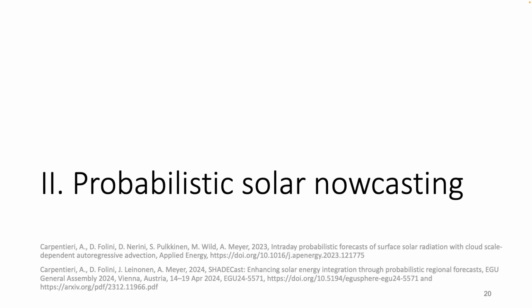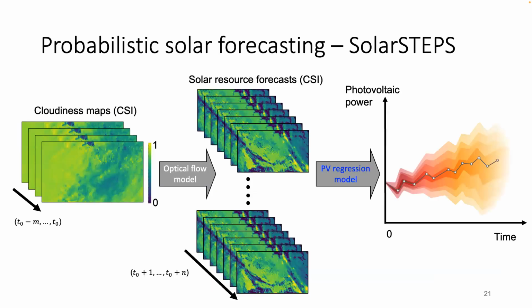So I'm briefly presenting two models that we have proposed in the last 1 or 2 years. One is an autoregressive model that I'll show you in a minute, and the second one is a generative model, and both of them forecast regionally spatially extended global radiation fields.